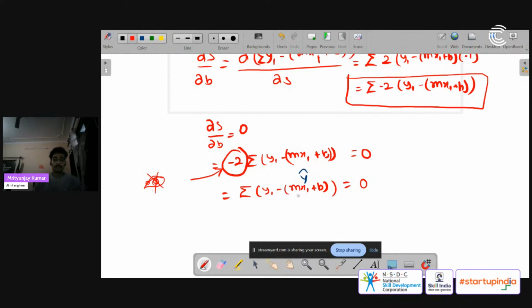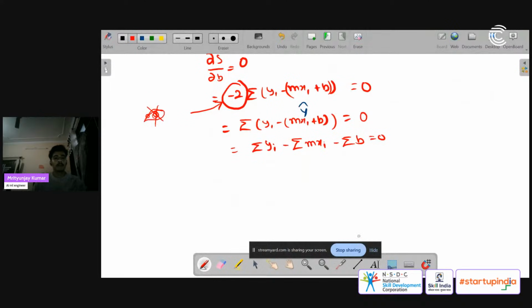Now I will distribute them. So we get summation of y_i minus, this is minus, right? Minus summation of m x_i, again minus for b, then minus summation of b, equal to 0. What we can do is divide by n.